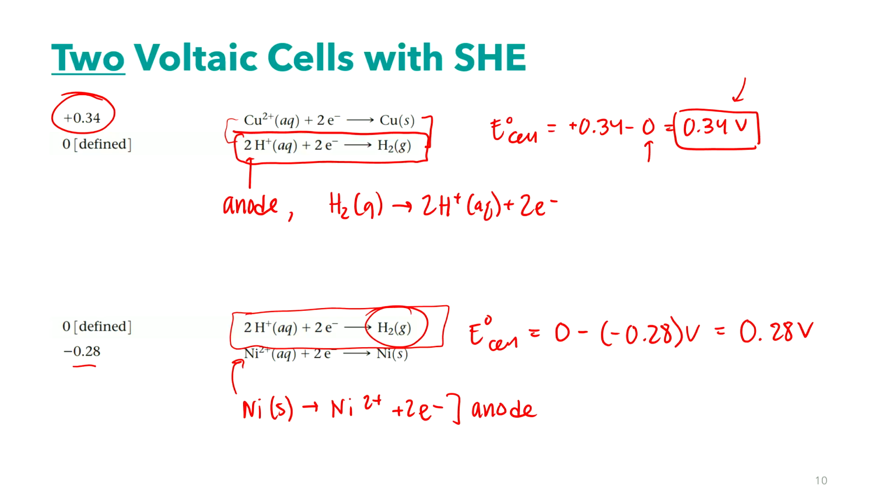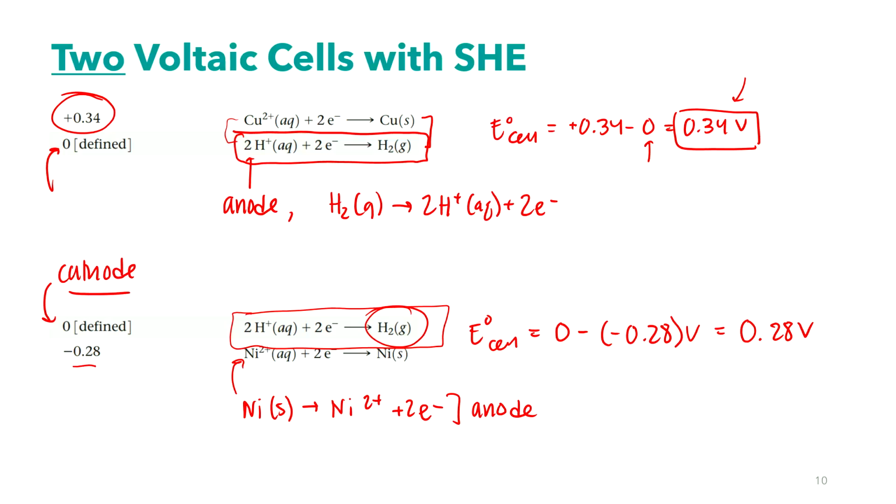So the identity of your two half cells, which one is an anode and which one is a cathode, entirely depends on who they are partnered with. In the case up here, my standard hydrogen electrode was the anode. But now when I partnered it with nickel, it's the cathode.